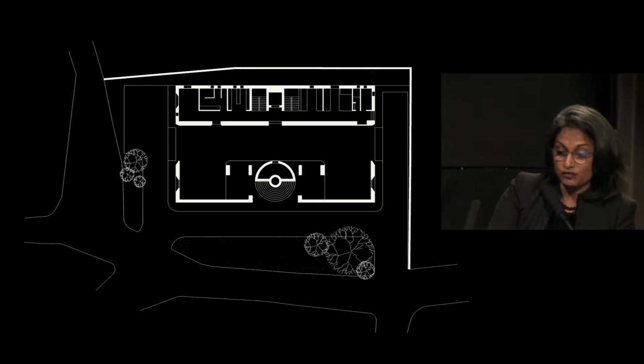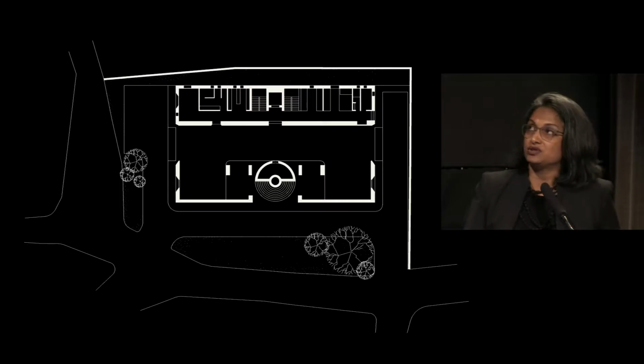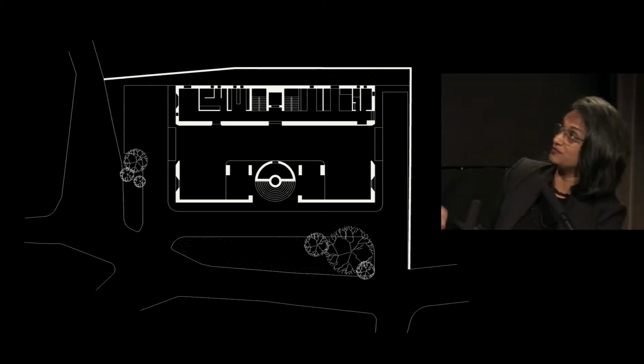And there I was offered by the member of the parliament to design a community center. The project is interesting because it's a dense place. There's hardly any space, so there was this tiny space that was found.